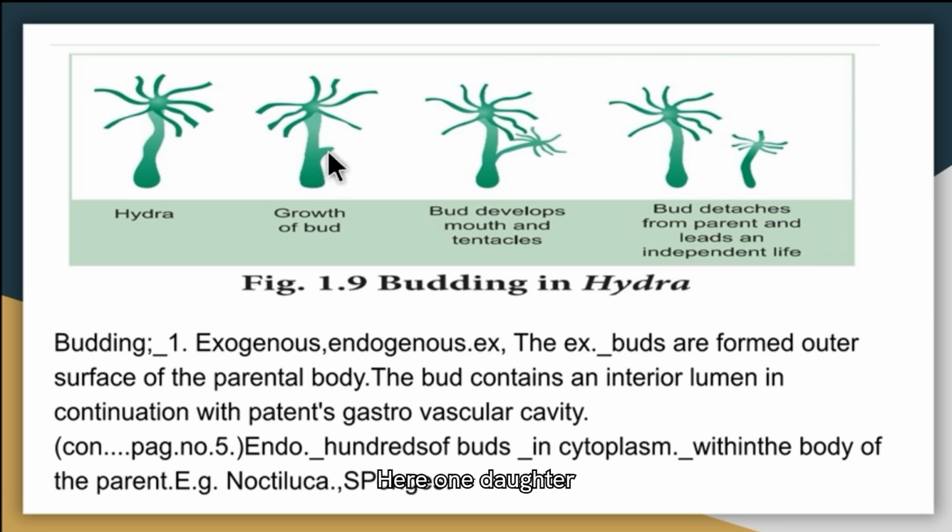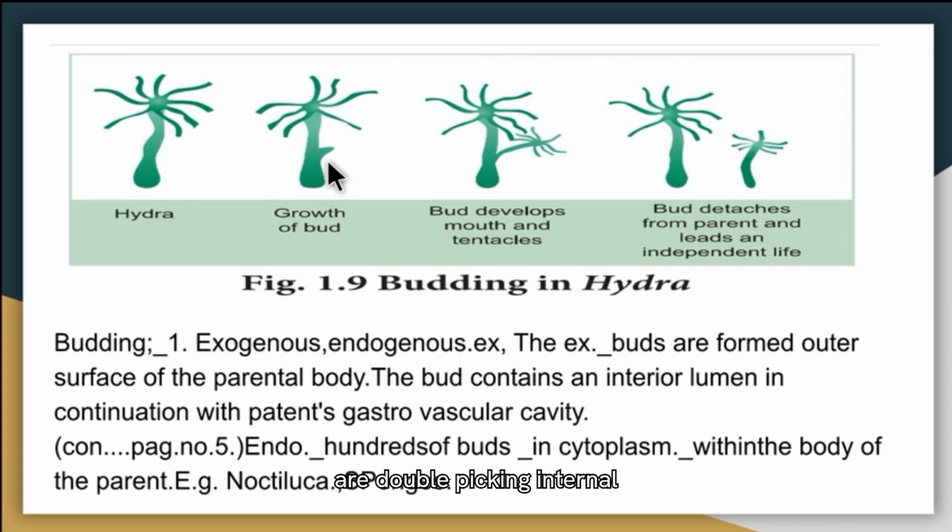Here, one daughter Hydra is developing on the parent body. The bud contains an interior lumen in continuation with the parent's gastrovascular cavity. The bud is not developing only in the ectoderm.